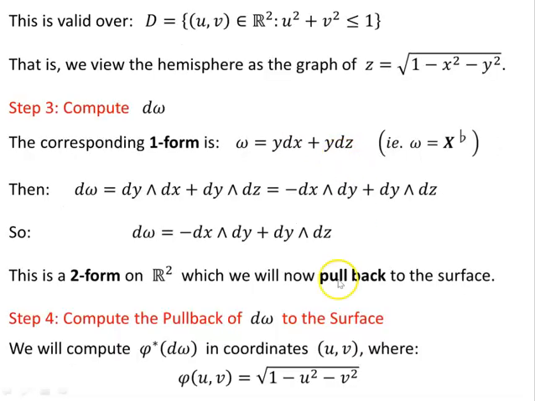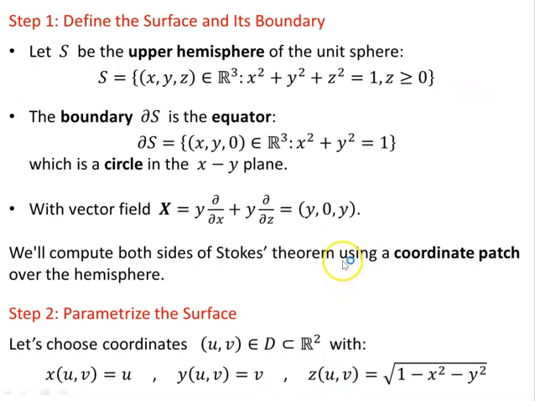And if you remember, because we're calculating from here, z was the square root of 1 minus u squared minus v squared.